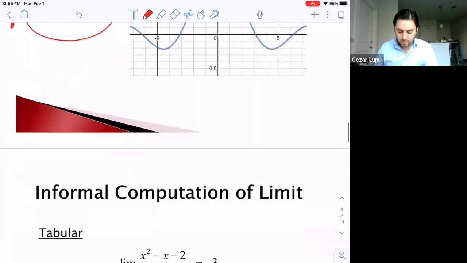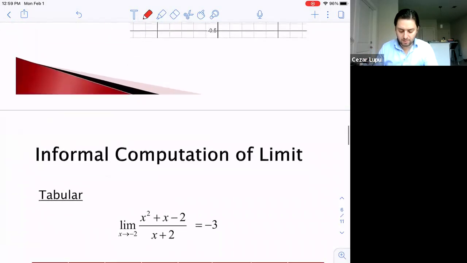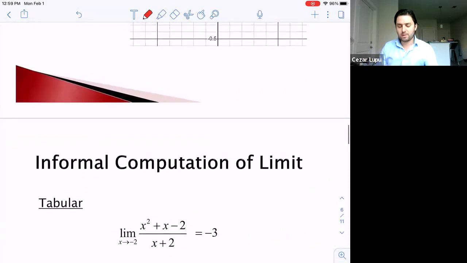Now, let me give you an informal computation of a limit. And look at this. The limit as x approaches -2 of, on the top, we have a quadratic polynomial, right?